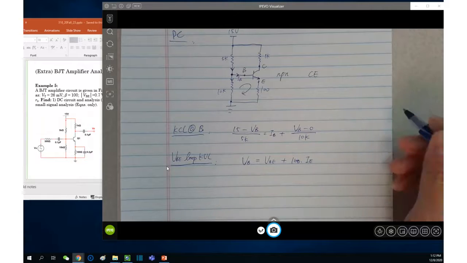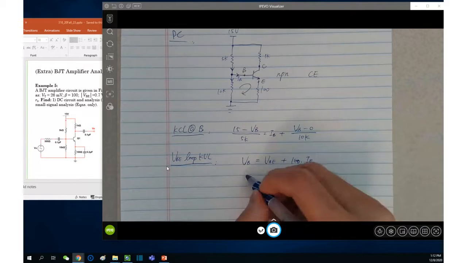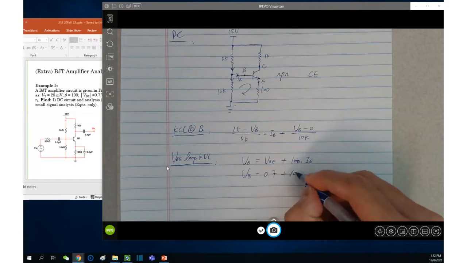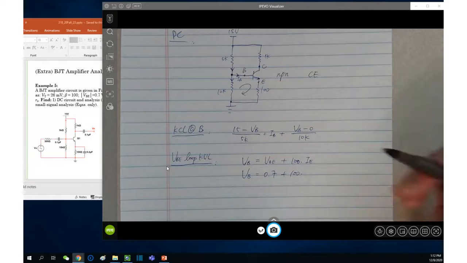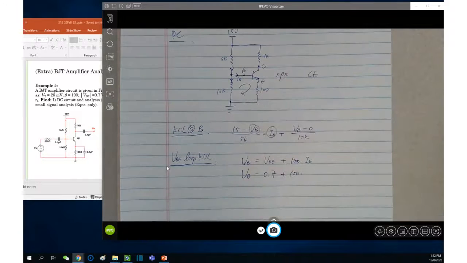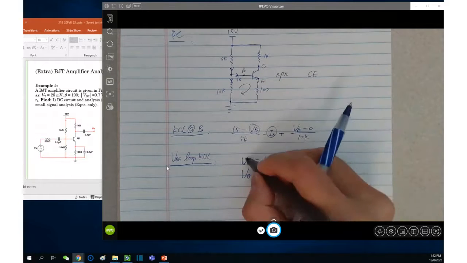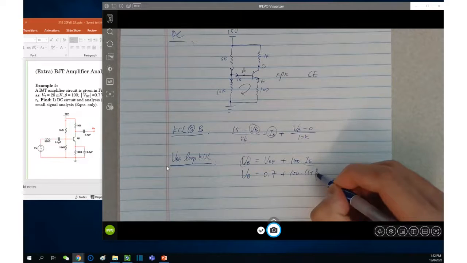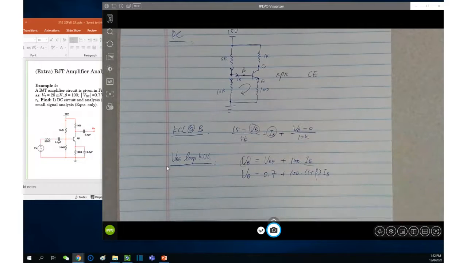This equation is nothing but VB equals 0.7, which is given, plus 100 times IE. You have to be careful because in the first equation, you have IB and VB, 2 unknowns. In the second equation, you try not to introduce more unknowns, so you keep VB and rewrite IE in terms of IB. Of course, this is an extra equation: IE equals (1 plus beta) times IB.